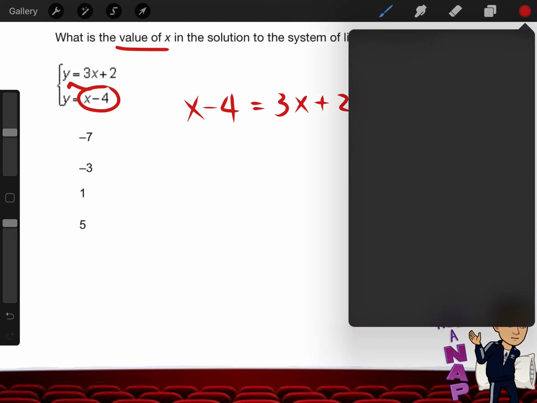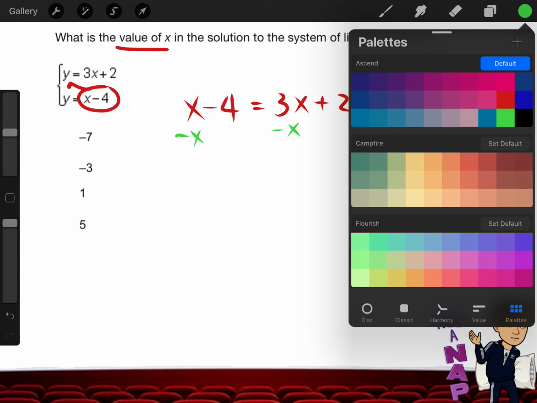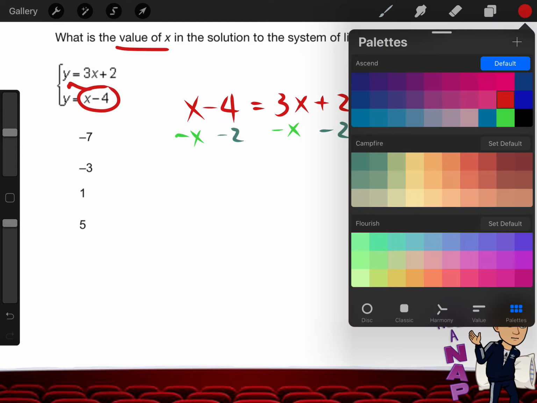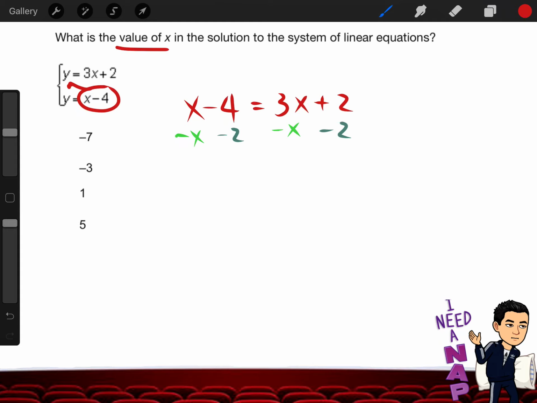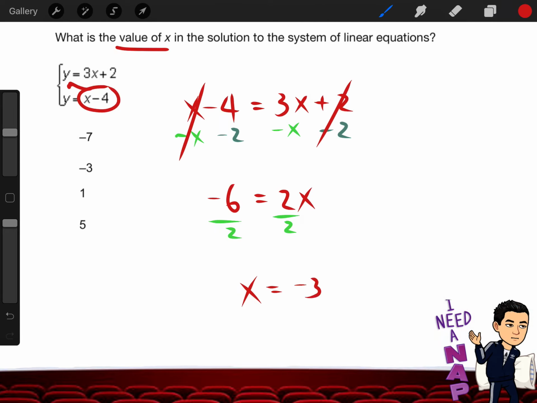I'm going to subtract x on both sides, subtract 2 on both sides, and then cancel out. So I got 2x over here, I got negative 6 over there. Now you can just divide by 2 on both sides, so you get x equals negative 3.